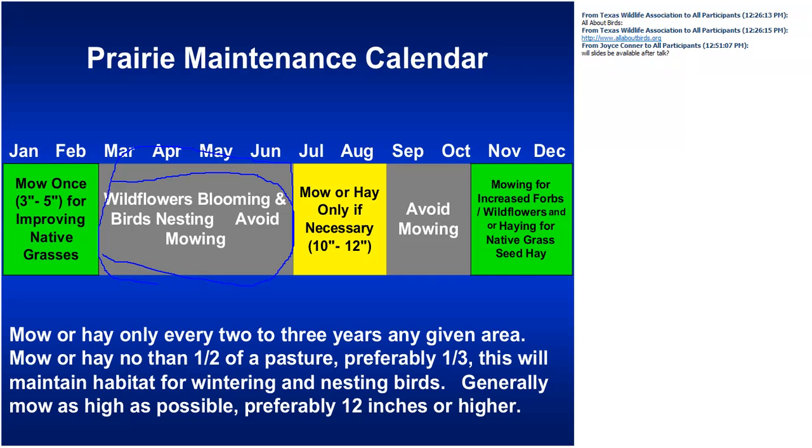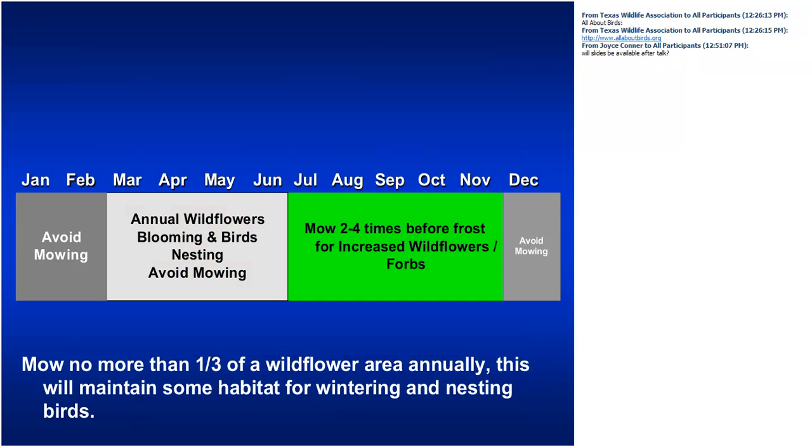The next is talking about using mowing to encourage annual wildflowers, basically to encourage the forbs and set back grasses. I tend to call this the TxDOT approach. If you think about the highway department and how they manage those areas, they wait for the wildflowers to bloom.